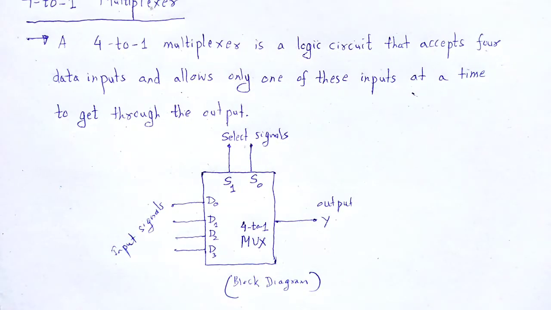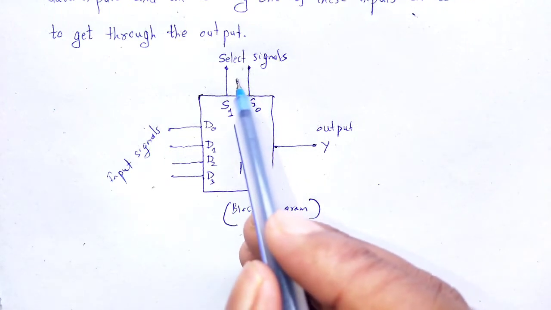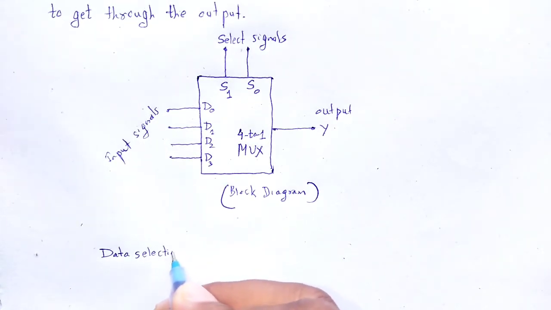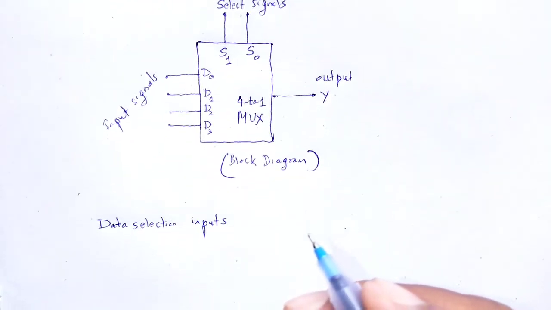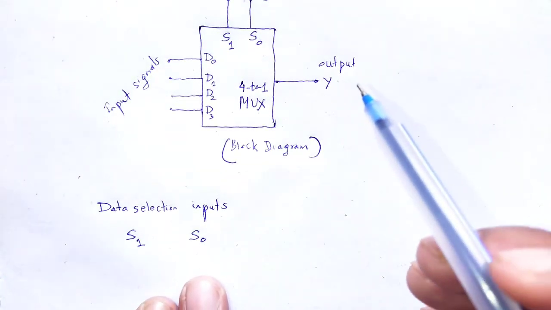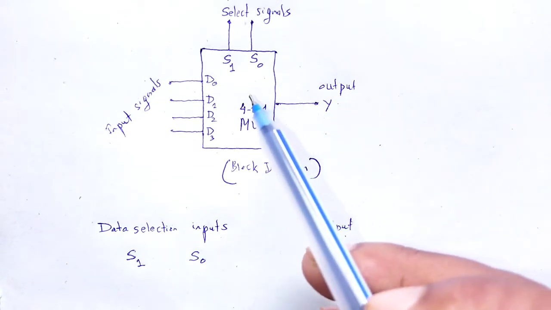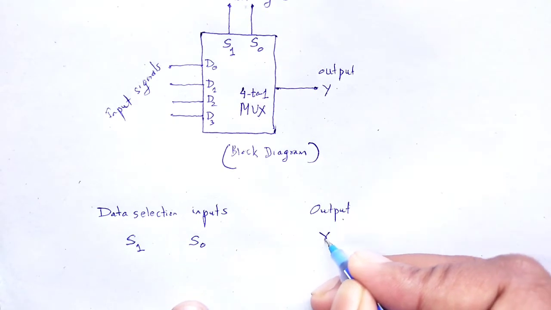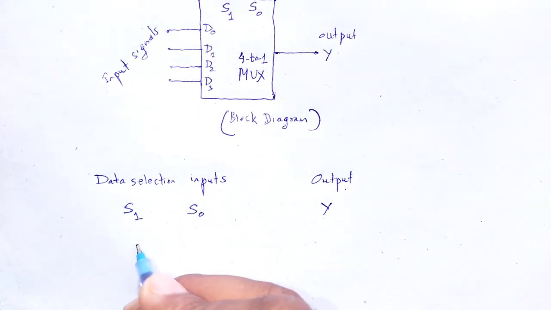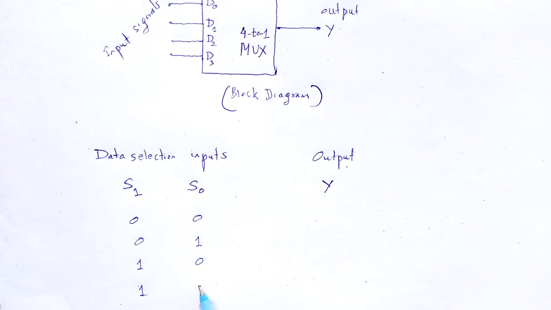Now the truth table for 4 to 1 multiplexer. The data selection inputs are S1, S0, and output Y. So the possible inputs are 0 0, 0 1, 1 0, 1 1.